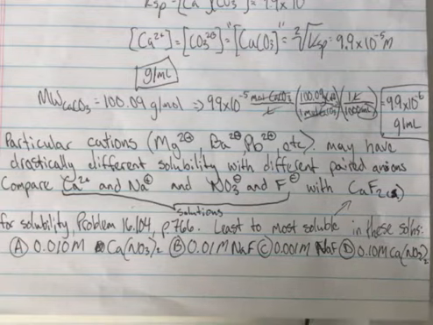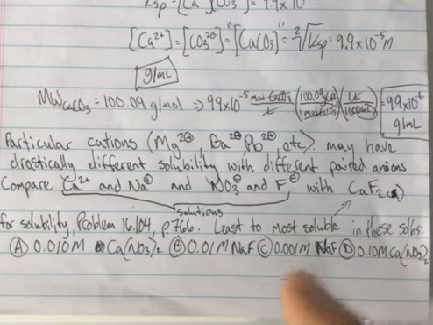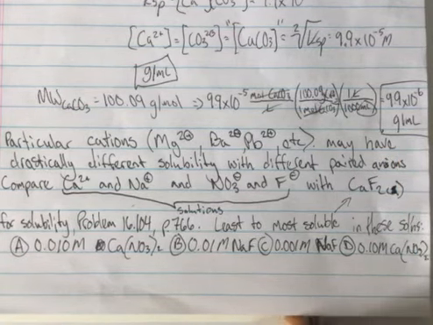However, per Le Chatelier's principle, per the common ion effect, if you have a common ion in a particular concentration, the higher the concentration, the less likely that particular solid is going to dissolve, right?